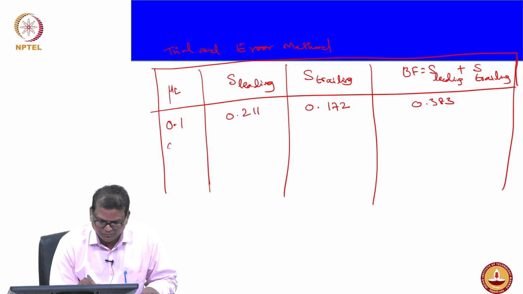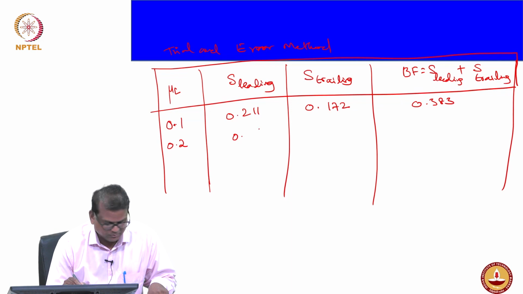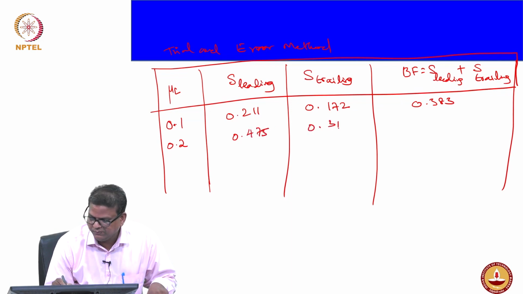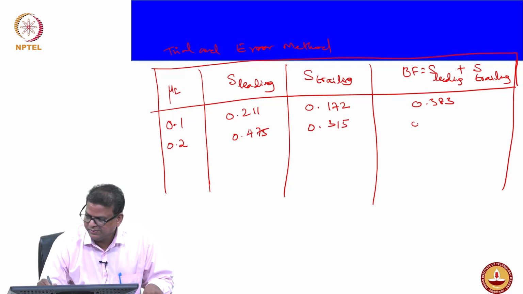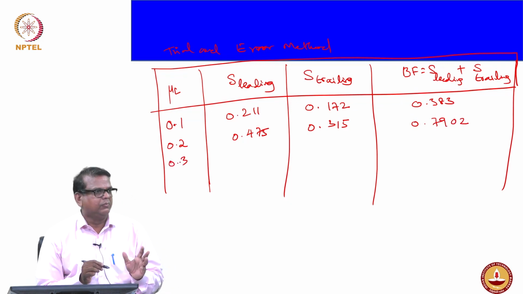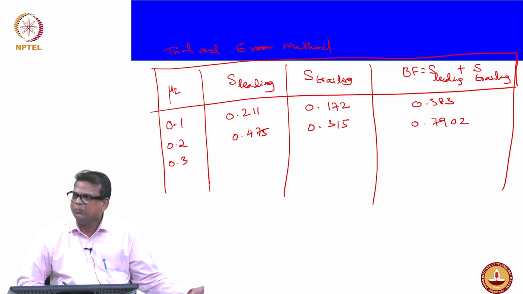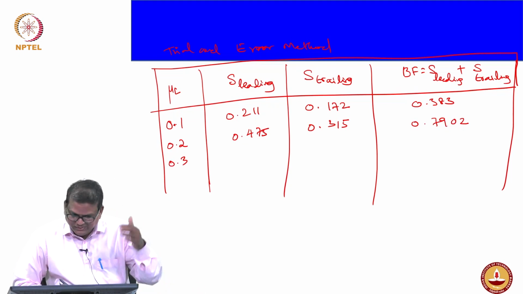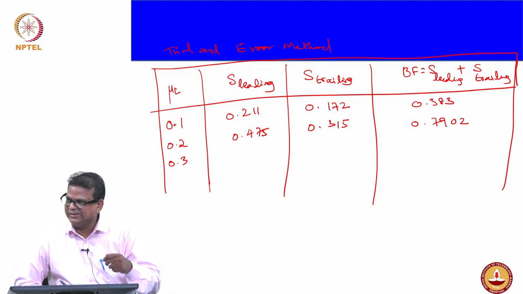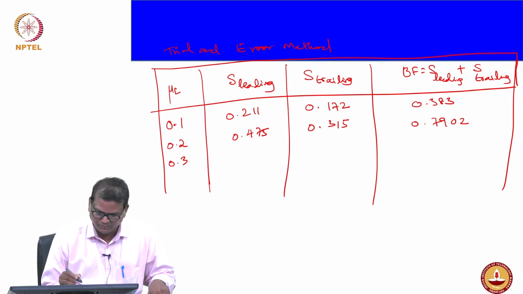Similarly, if you change mu L to 0.2, so 0.475, 0.315 and 0.7902. Similarly, I keep increasing. What is the brake factor you are getting? Already we achieved that the brake factor should be 1.842, right. Until then you keep increasing your mu value.